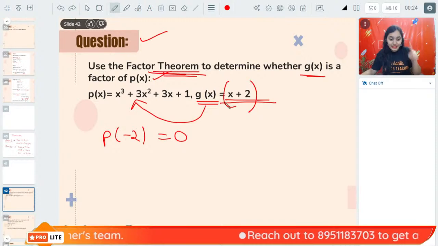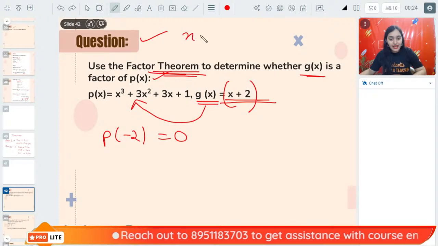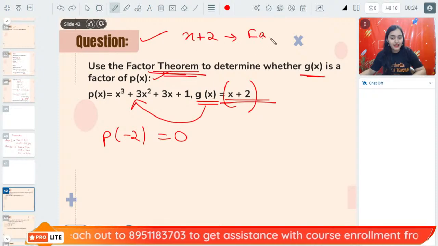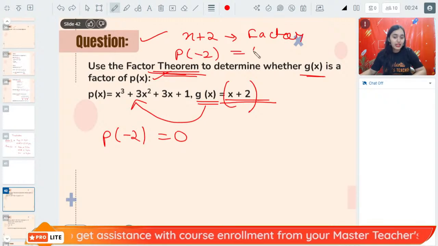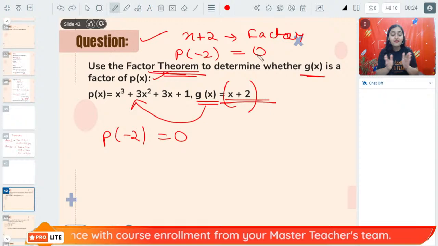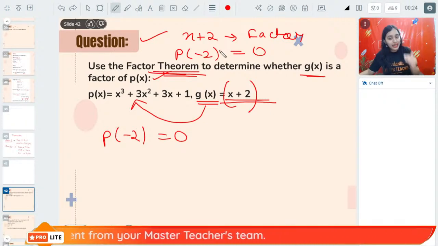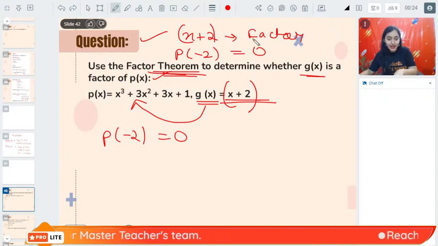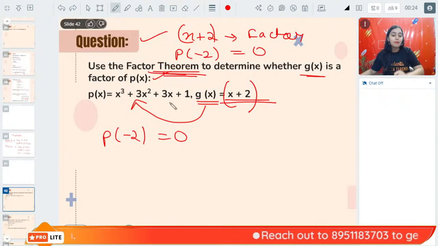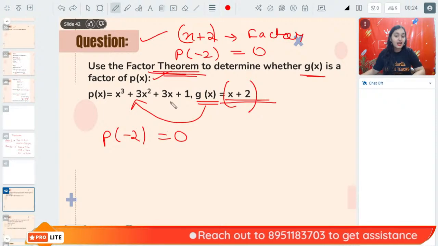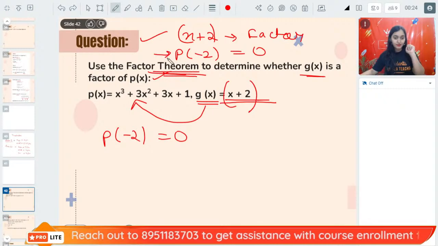If g(x) is the factor of p(x), if x plus 2 is the factor, what did I tell you? p(minus 2) should be equal to 0. This is how you have to check. How can you check x plus 2 is a factor? You can check it by putting minus 2 in the polynomial. Okay. Put the value of x as minus 2 in the equation. Find out.